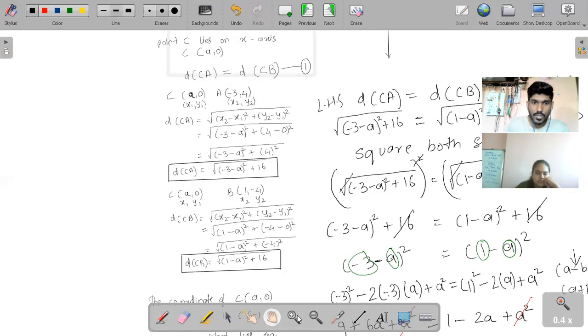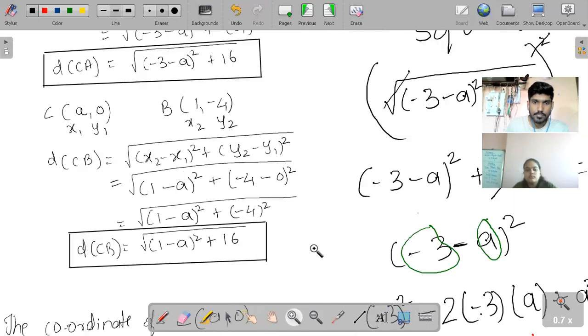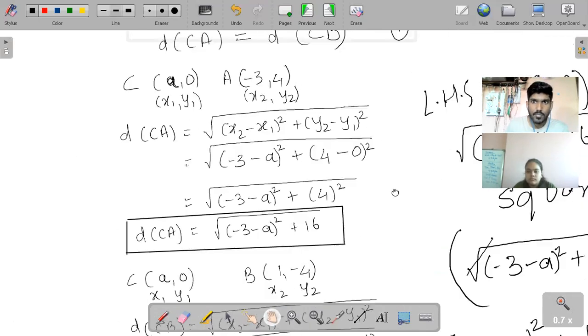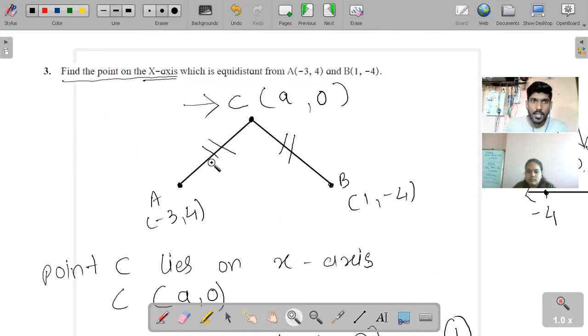So I'll just go through the sum. Pay attention. The question is, find the point on the x-axis which is equidistant from A minus 3 comma 4 and B 1 comma minus 2. Since C lies on the x-axis, the coordinate of C will be a comma 0, where a is some number.